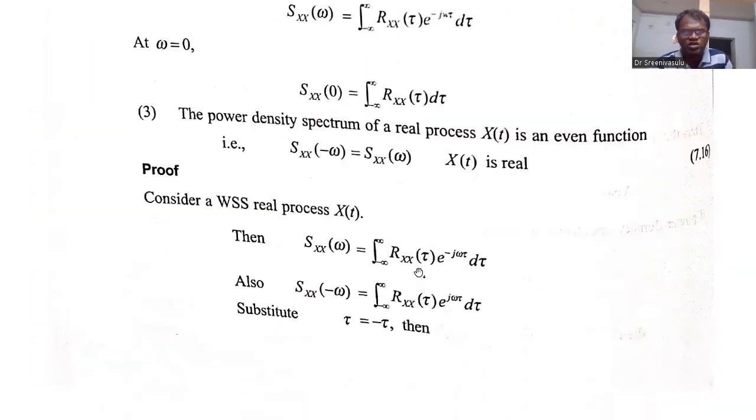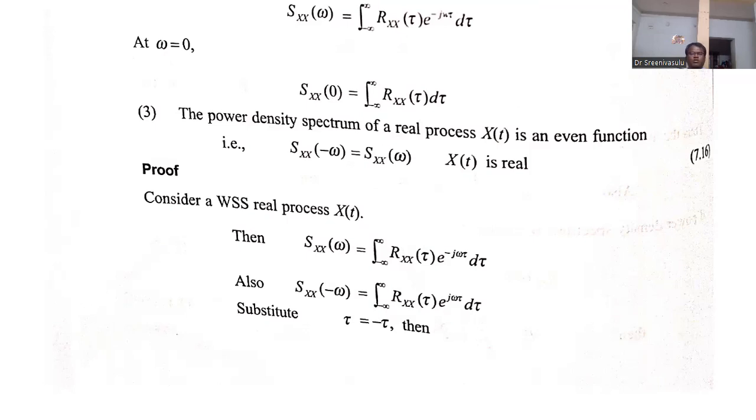Now, this is the formula. Sxx of omega is equal to integral from minus infinity to plus infinity of Rxx of tau into e power minus j omega tau into d tau. In this, if you replace omega with minus omega, the exponential term e power minus j omega tau changes to e power plus j omega tau.